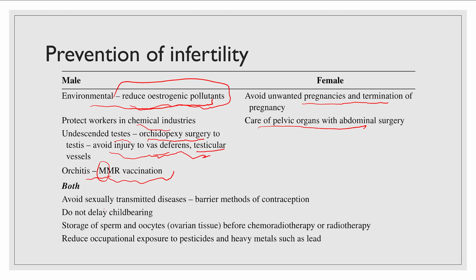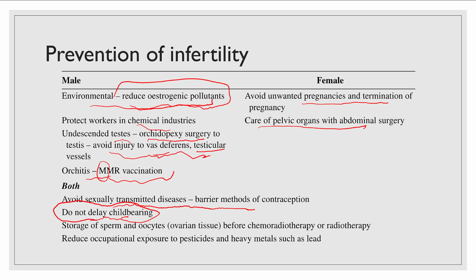In both partners, STDs have to be treated vigorously and actively, and when they are planning a pregnancy, their tubes and other functions have to be assessed early. One advice you can give everybody is not to delay attempting a pregnancy.